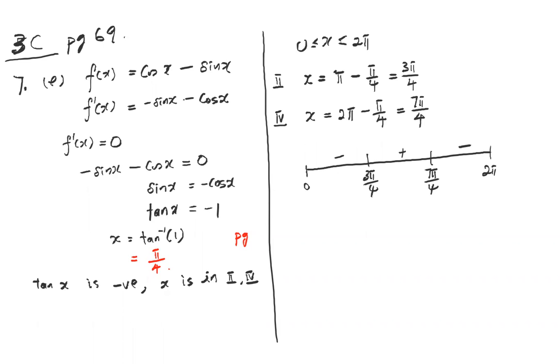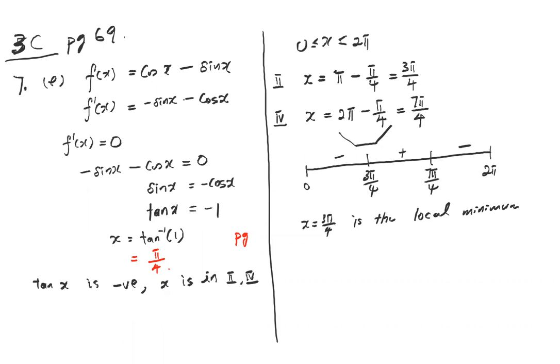Then show the graph of this function. For each of the positions. Okay, so now x equal to 3 pi by 4 is negative, positive, correct? Local minimum.